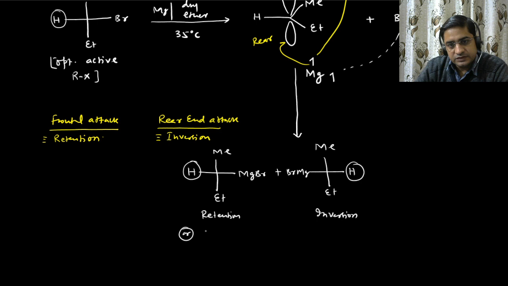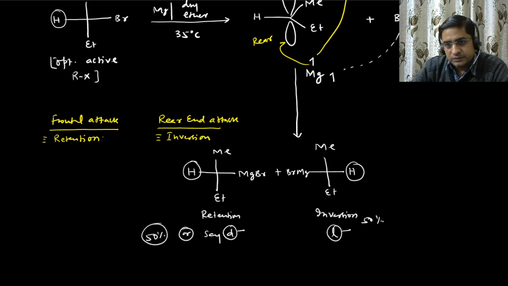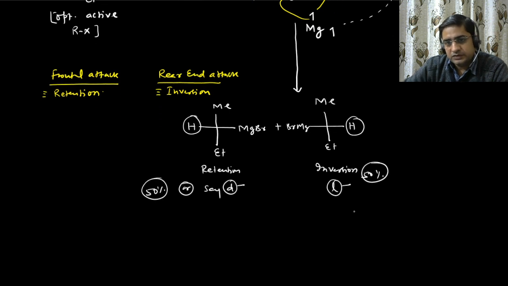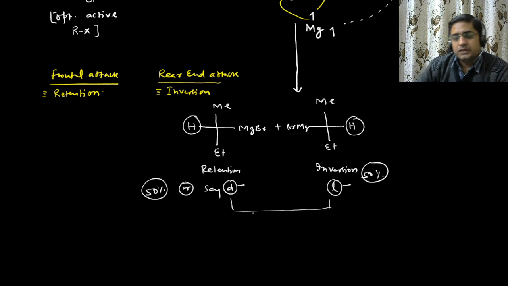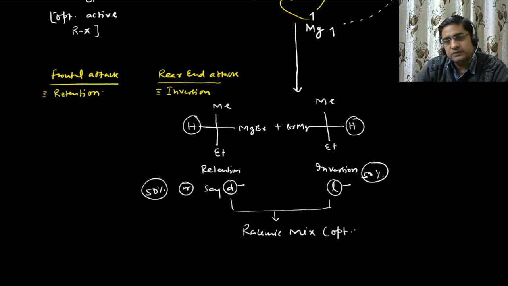Suppose this one is the D isomer, so this one will be the L isomer, and the amounts are equal, that is 50% of D and 50% of L. When equal amounts of D and L isomers are present, we term it a racemic mixture, which is optically inactive, or a DL pair.